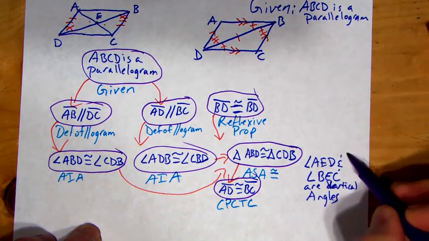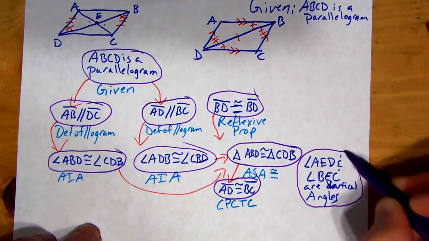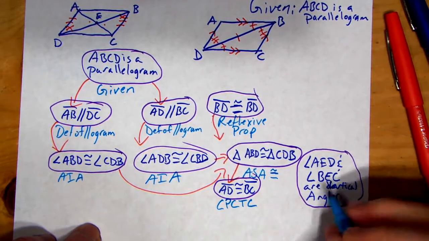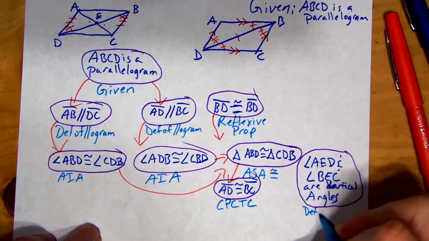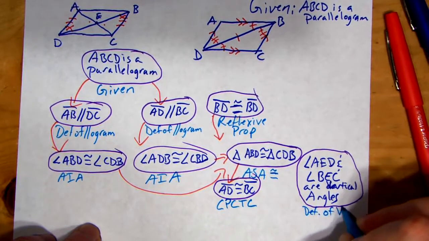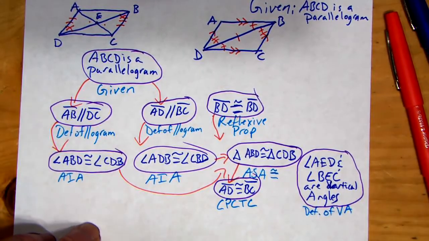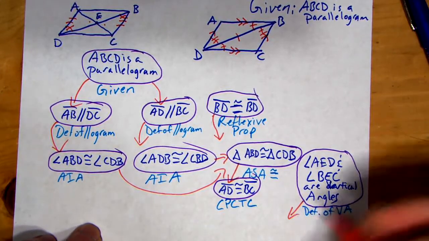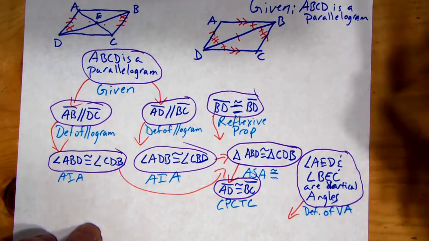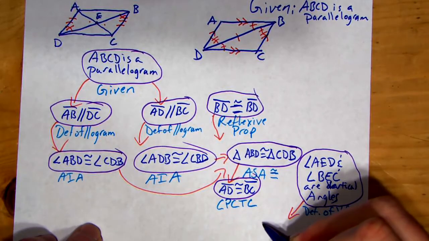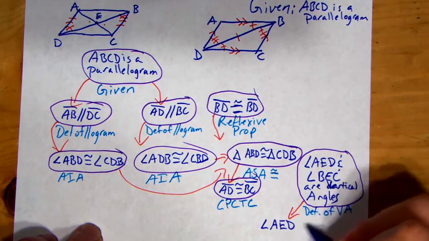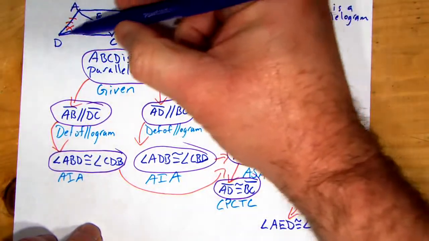We're getting that just from the picture, which is why we don't have an arrow coming to it from anywhere. And really, just looking at the picture, we're applying the definition of vertical angles. Now, one of the properties that we can use comes from vertical angles, that vertical angles are congruent. So we can now say that angle AED is congruent to angle CEB.